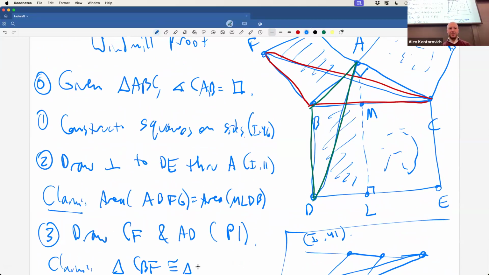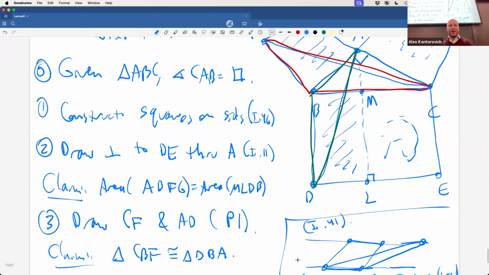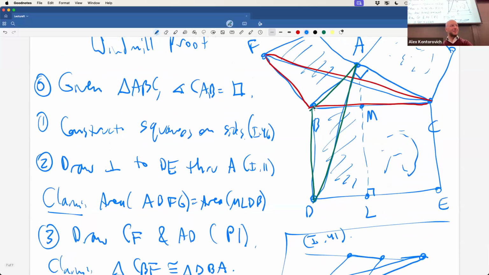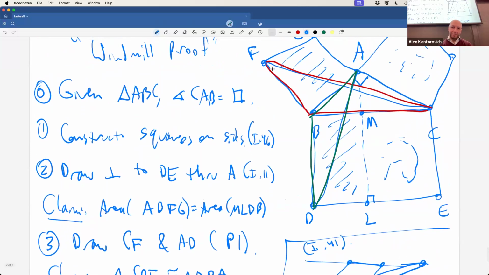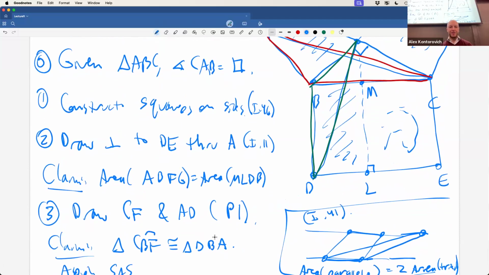C is the same as D. B is the same as B. And F is the same as A. All right. We're going to prove this by side angle side. First of all, I claim that BF is the same as AB. So AB is equal to BF.